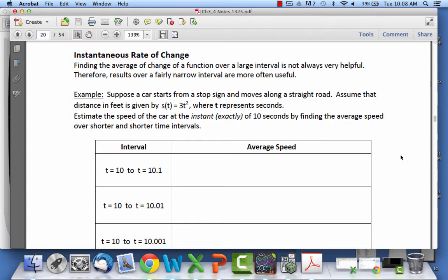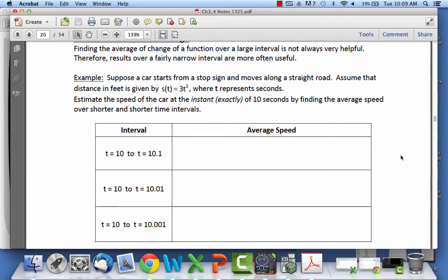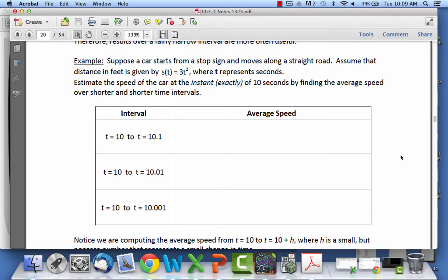T is time in seconds, and S is given in feet. So we want to estimate the speed of the car at the exact moment of 10 seconds by finding the average speed first just between 10 seconds and 10.1 seconds, and then 10 seconds and 10.01 seconds, and then 10 seconds and 10.001 seconds, okay?